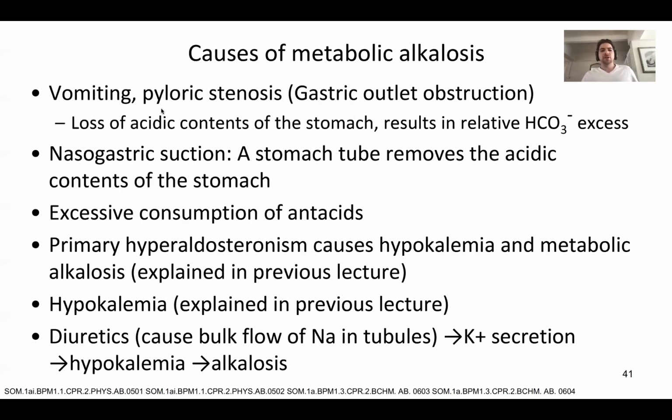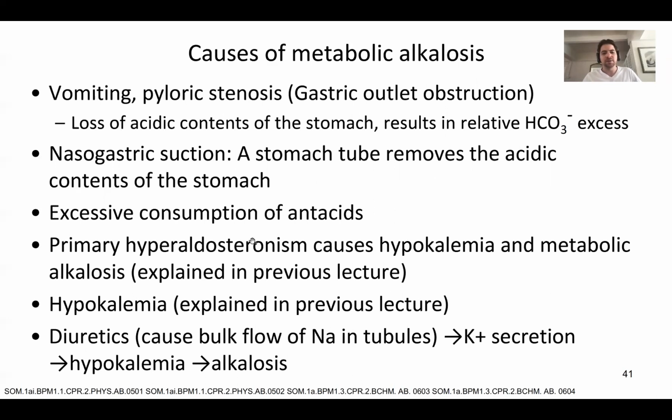Causes of metabolic alkalosis, remember the acid in your stomach, so vomiting, right? Vomiting will cause loss of acid, so it can lead to alkalosis. Nasogastric suction, same concept. You're sucking out a bunch of acid. Antacids will neutralize the acids, so you can have alkalosis.